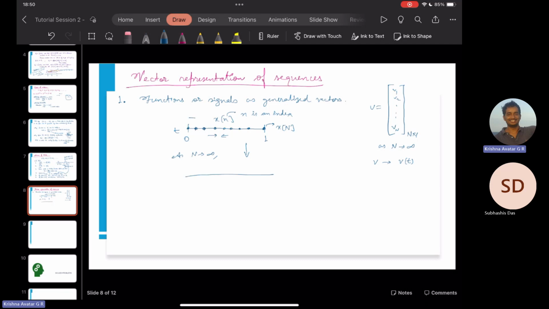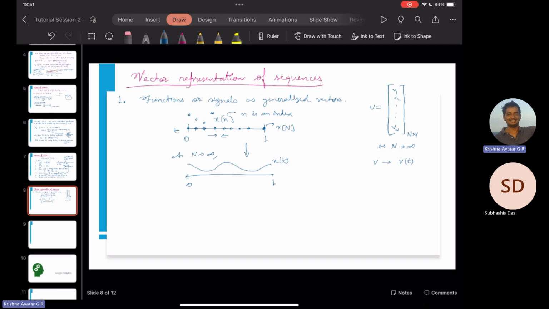So initially we would have just the values at different points. Now it will be some sort of a continuous value of the signal. And of course, we can never write x of t in terms of a column matrix, because you have an infinite number of points between just 0 and 1, which you can never represent in a column vector. Right?